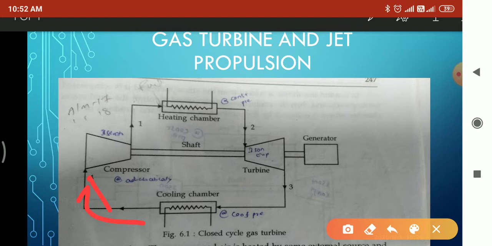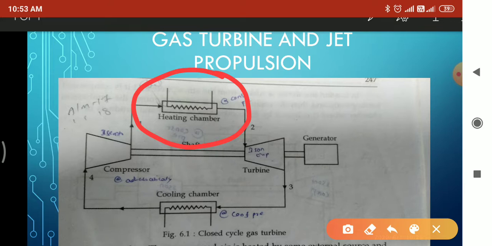This is the working principle of closed cycle gas turbine. Now, what is a heating chamber? It is a chamber in which gas is heated by using an external source.